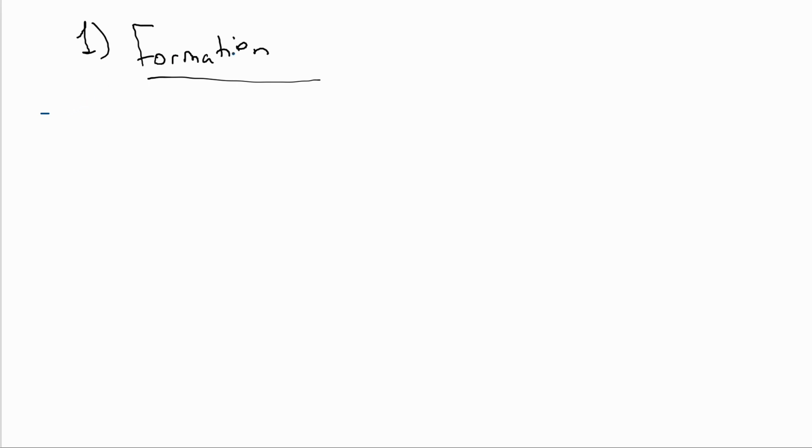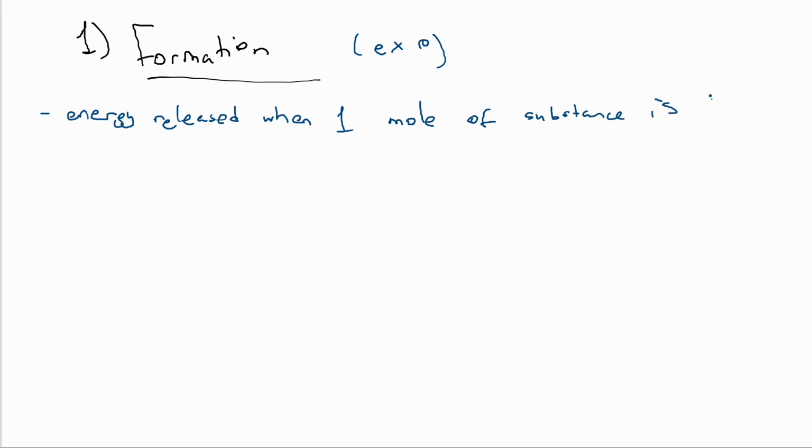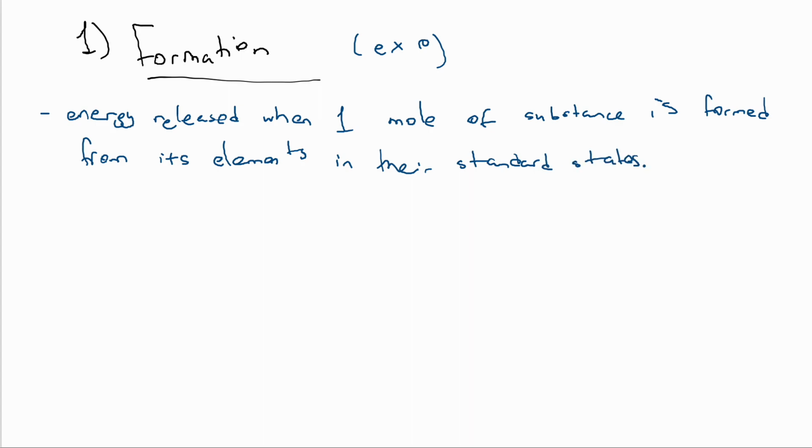Mostly formation is exothermic. So energy released when 1 mole of substance is formed from its elements in their standard states. Why standard states? Because a gas at room temperature, so at 25 degrees, is the standard state. For example, energy released when 1 mole of substance is formed from its elements in their standard states.